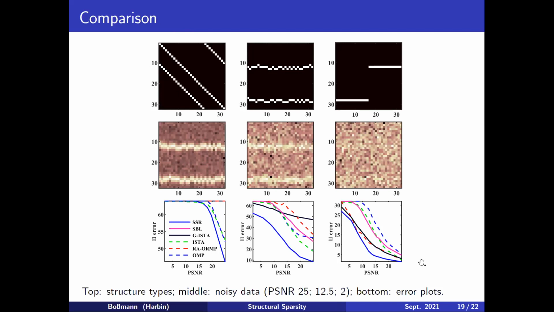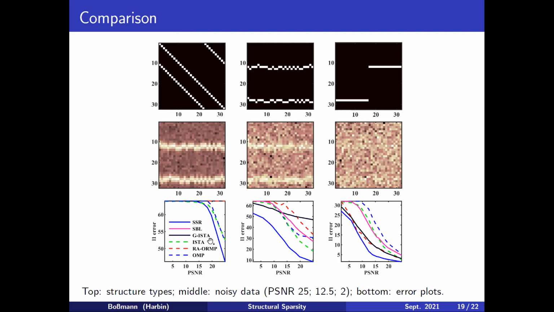And now we were just checking how the reconstruction quality of our algorithm compares to other methods. Here's the list of methods we took. To point some out, we have the E-star algorithm, that's iterative soft thresholding, and we have the G-E-star, that's a group version of it. Iterative soft thresholding is an algorithm for a single measurement, so this is applied per column.